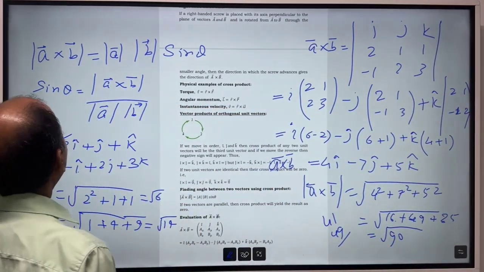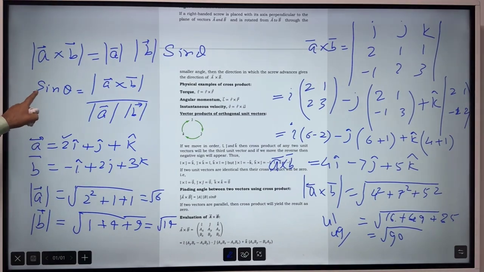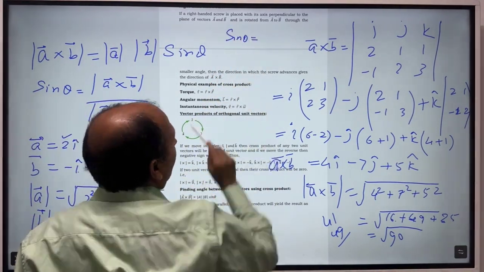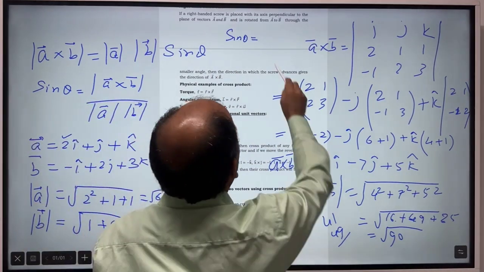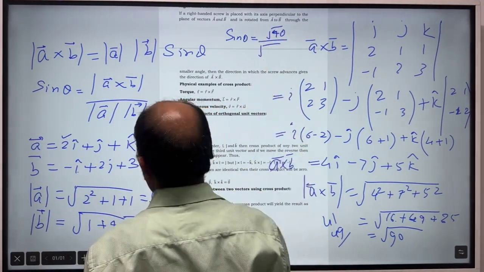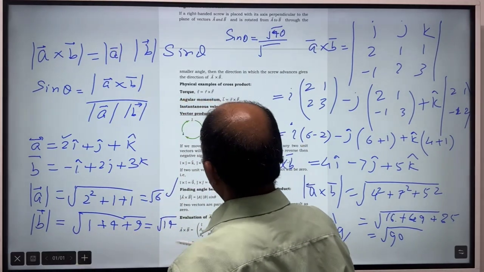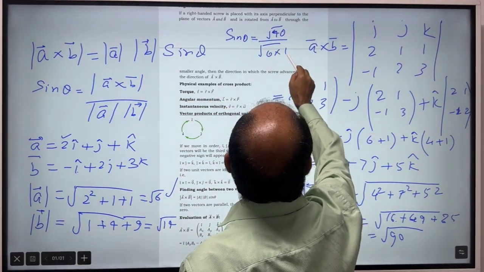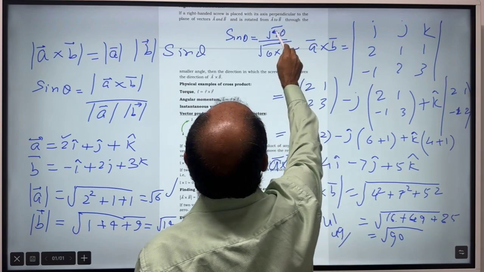Now what is left? We have to find sine theta. So sine theta is equal to the modulus of A cross B, that is root 90, divided by root of these two, root 6 into root 14.